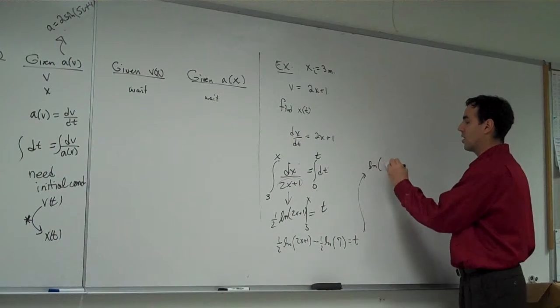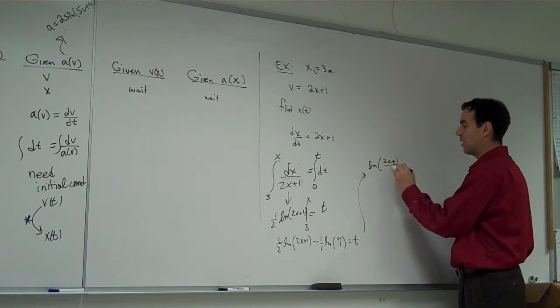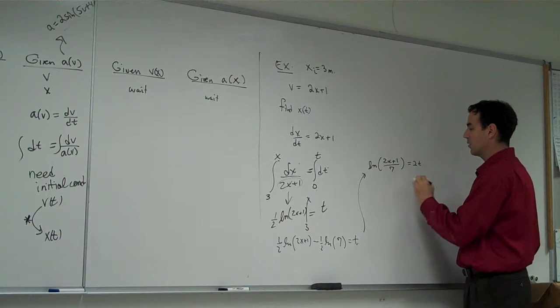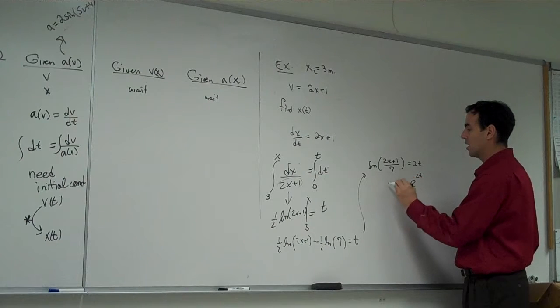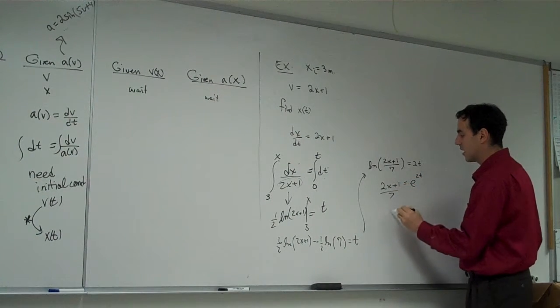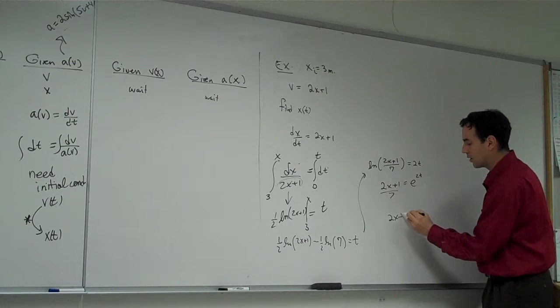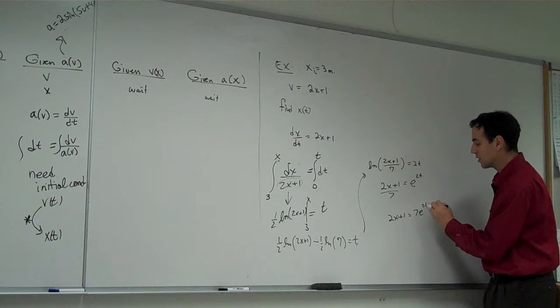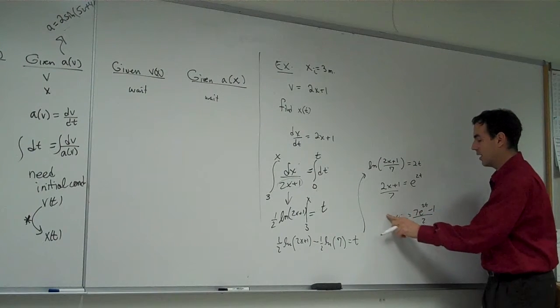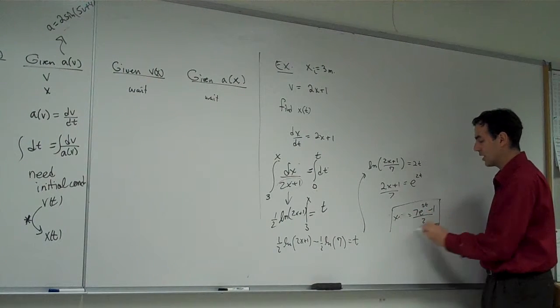So we get the natural log of (2x plus 1) divided by 7 equals 2t. So I get e to the 2t equals (2x plus 1) divided by 7, or 2x plus 1 equals 7 e to the 2t. Subtract 1, divide by 2. And I've now got my position as a function of time.